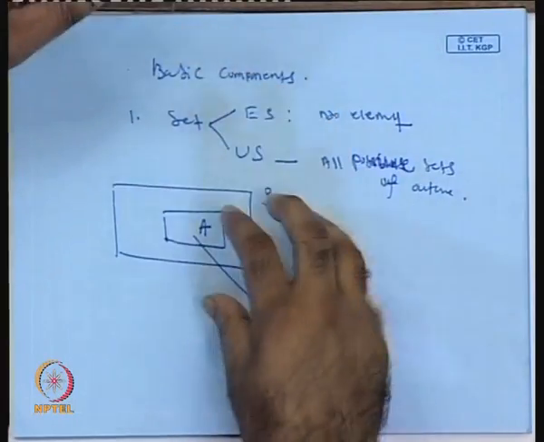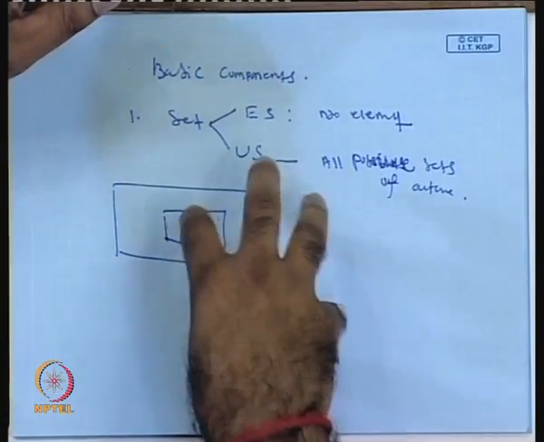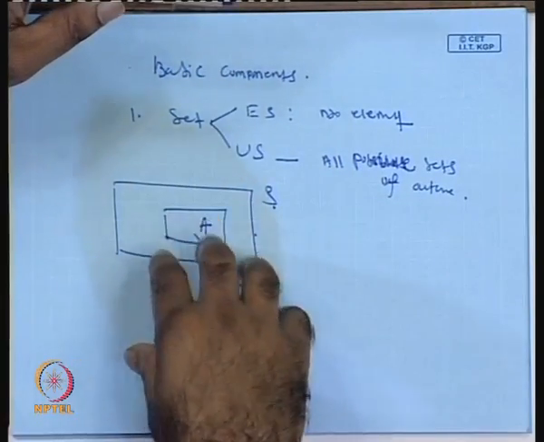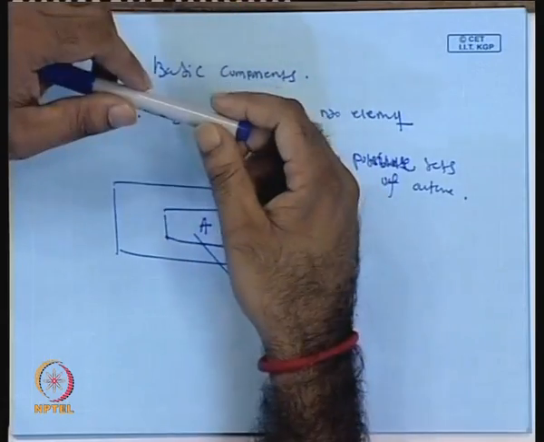Within the universal set we have a subset. Just like in the multivariate and bivariate framework we have discussed, within the multivariate framework we have bivariate analysis, and under that again univariate analysis. The structure is almost the same here. Within the universal set we can pinpoint a particular set also.